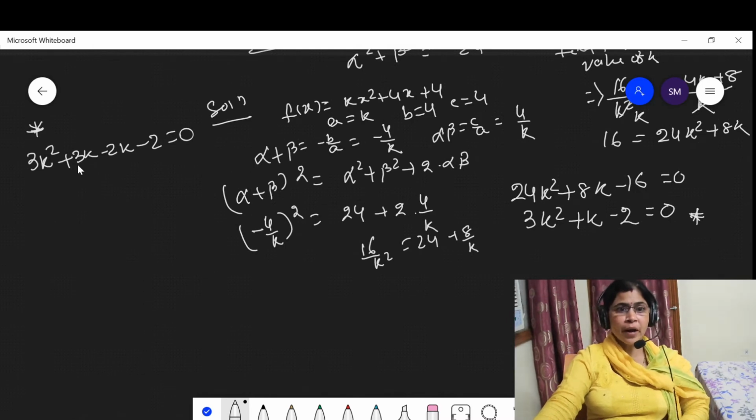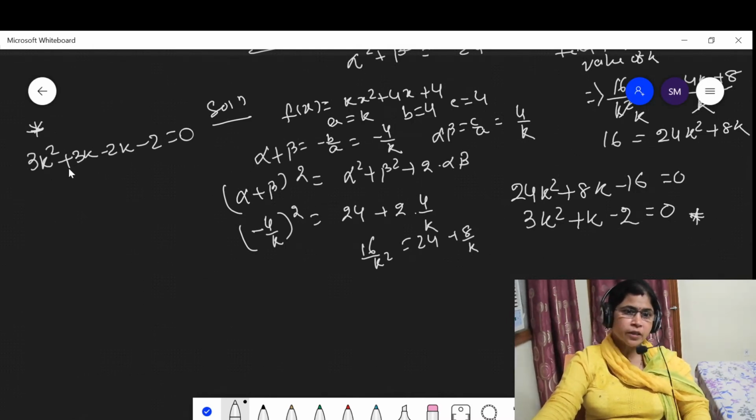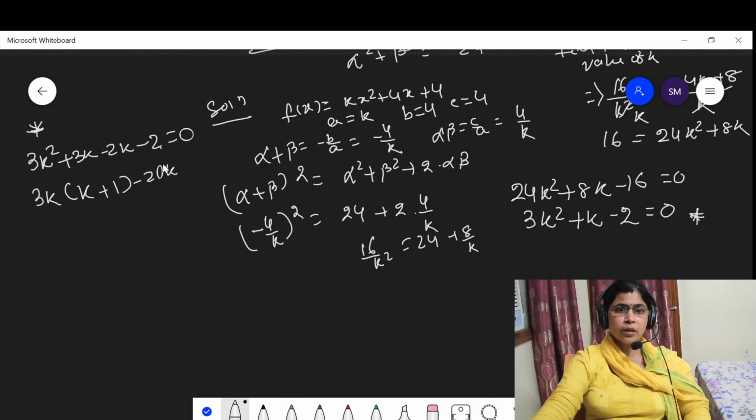If we multiply 3k and minus 2k, we get minus 6k square, this is 3k square into minus 2, 6k square. Then taking 3k common, this is k plus 1, minus 2 common, this is k plus 1 is equal to 0. Then this is k plus 1 into 3k minus 2 is equal to 0.